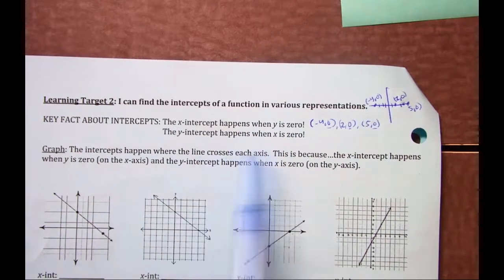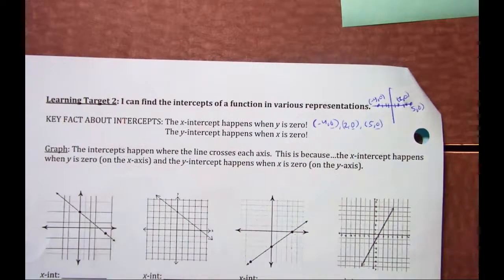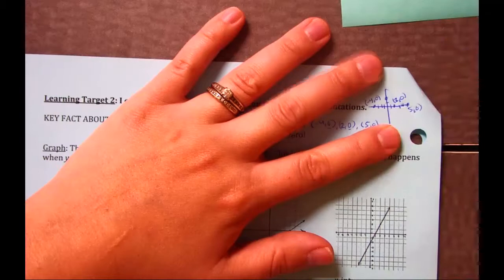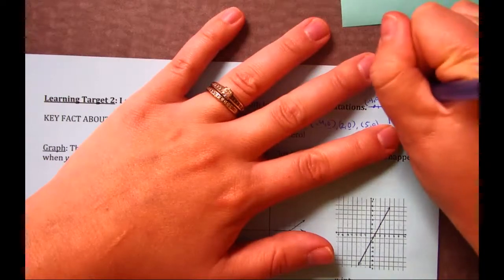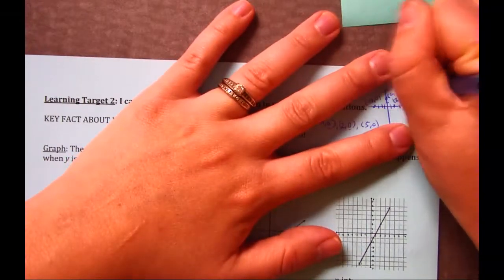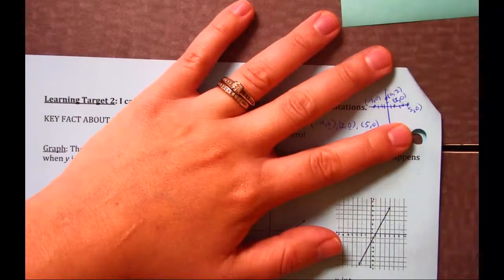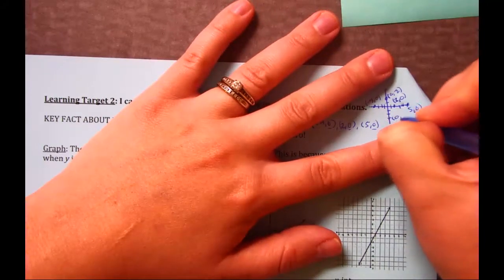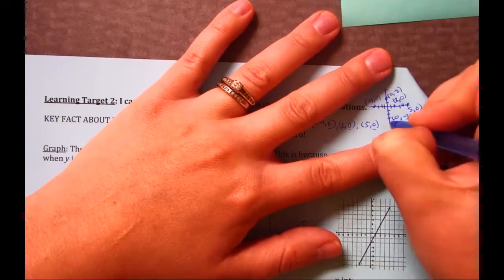Now the y-intercept happens whenever x is 0. Because if you think about ordered pairs that happen on the y-axis, like this one right here, that would be 0, 2. Or 0, -3.